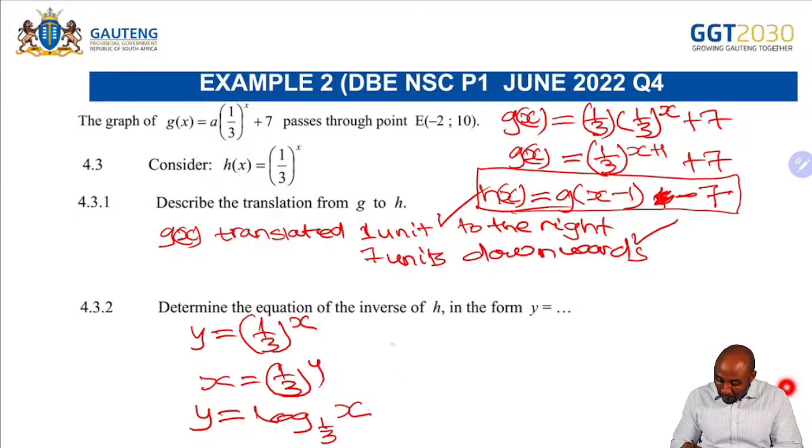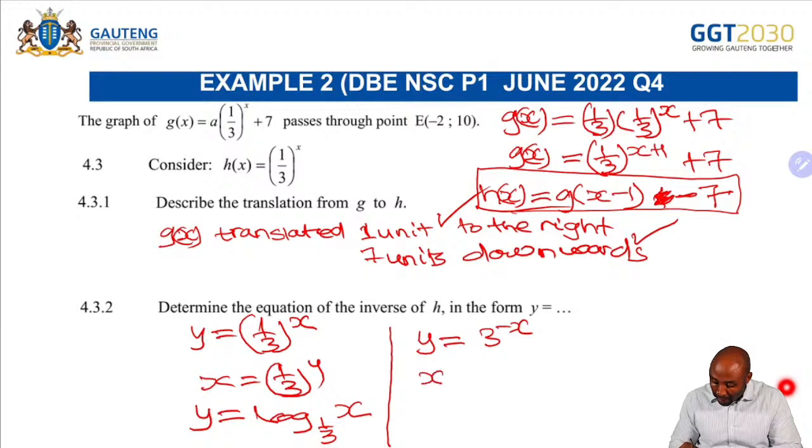Or using our laws of exponents, I can write this as y is equal to 3 to the power negative x. I interchange x and y, I will have x is equal to 3 to the power negative y.